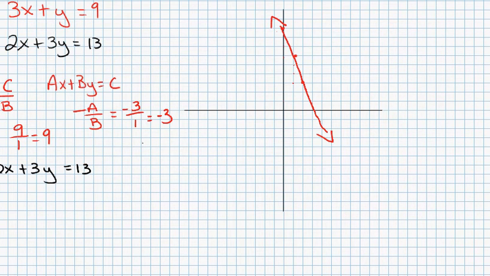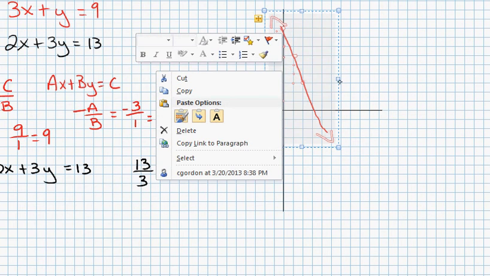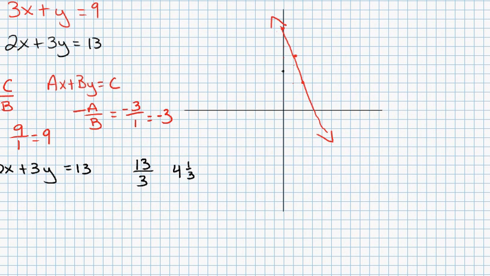I can find my y-intercept as 13 over 3. And 13 over 3, my y-intercept, is going to get us 4 and 1/3. So I'm going to go up 1, 2, 3, 4 and 1/3. So I'm crossing the y-axis right about here.